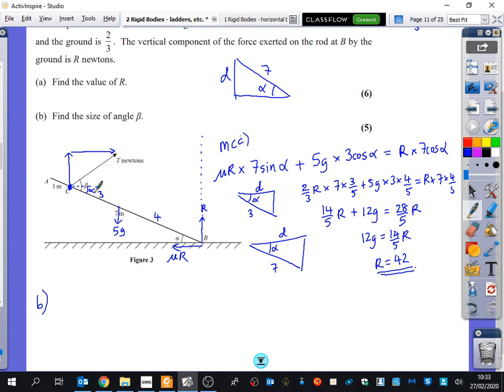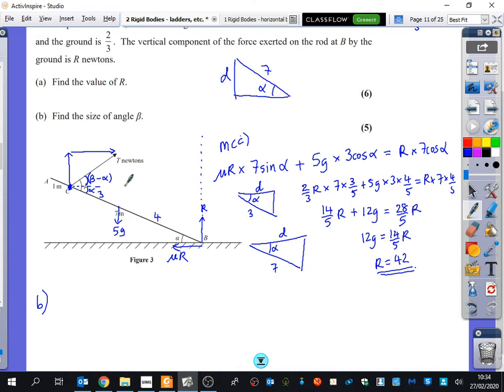But it's not a sine beta. That's the thing. Oh, wait, yeah. Oh no. Because beta is the whole thing there. They haven't told us that one. So I guess this angle that we have here, if this is alpha, because we can see that it's an alternate angle with this one, this angle is beta minus alpha.